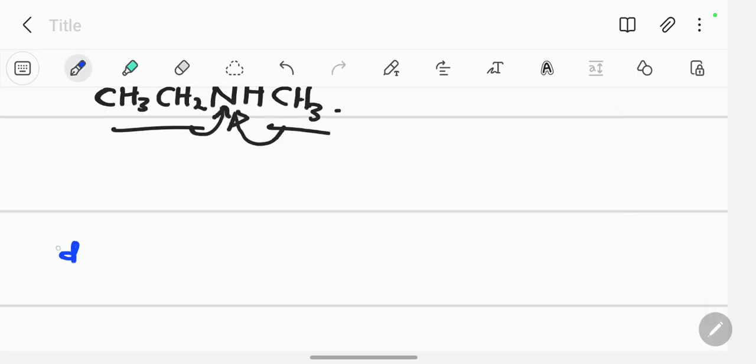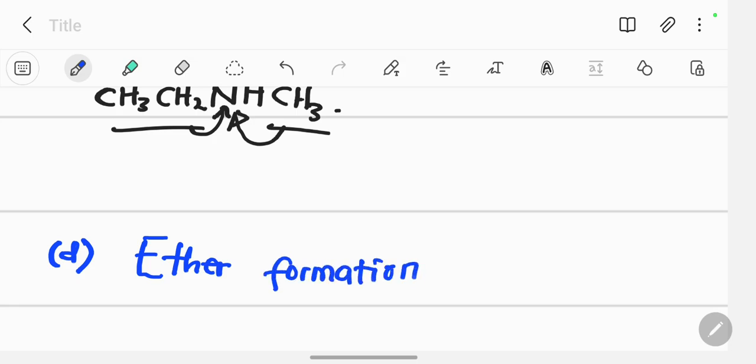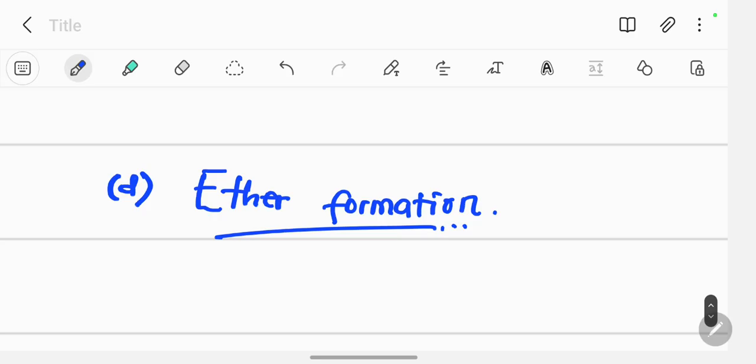As my part D. Ether formation. I'll try to break down the topic, but the thing is still big, so we shall move faster.